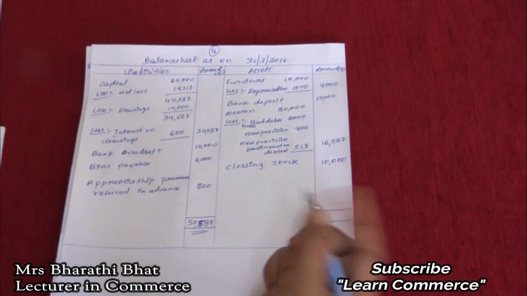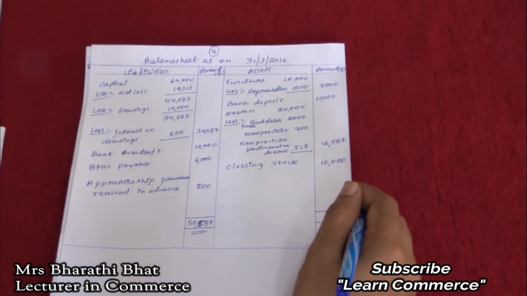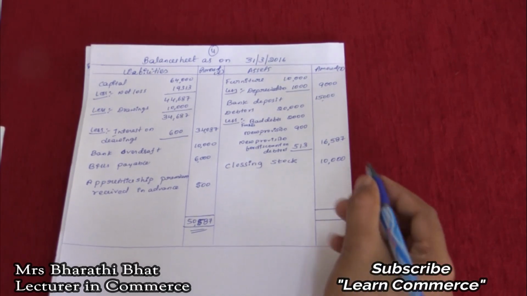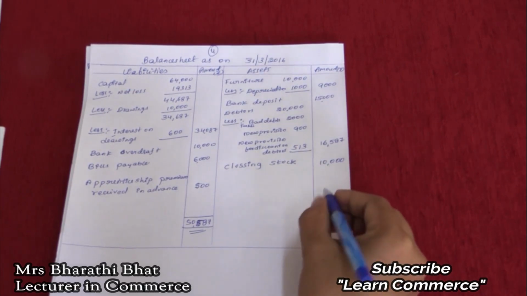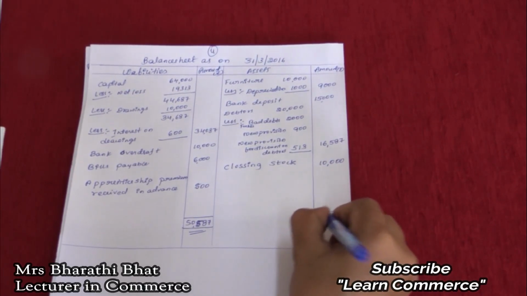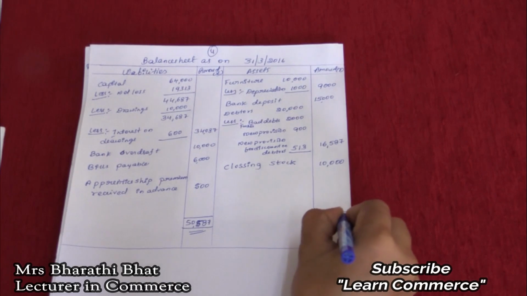50,587. Let's see the asset side. 9,000 plus 15,000 plus 16,587 plus 10,000. Yes, this side also 50,587.